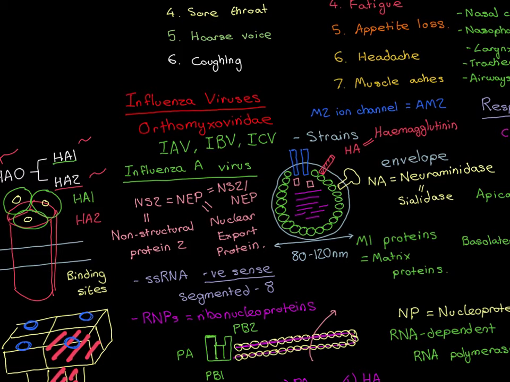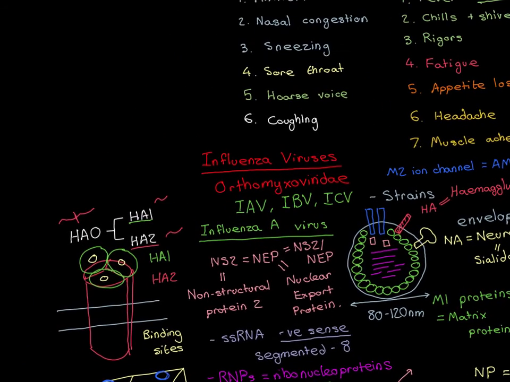Now, we have a way of classifying the strains of influenza A virus. There are absolutely loads of strains, a huge number, but we can group them together into classes, which are known as the serotypes of the strains of influenza A virus.